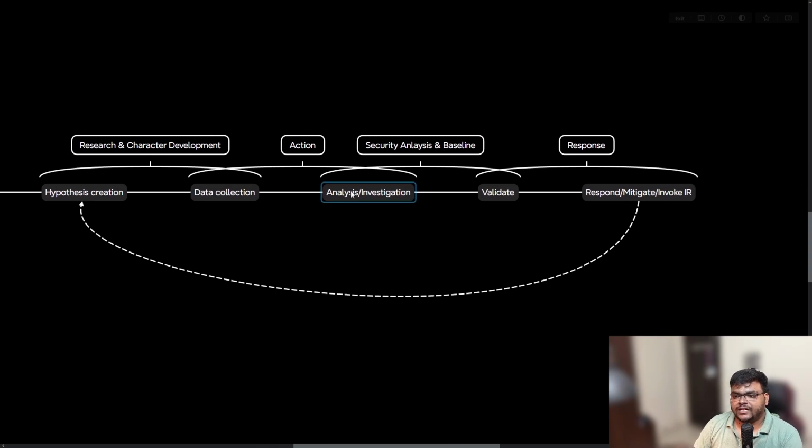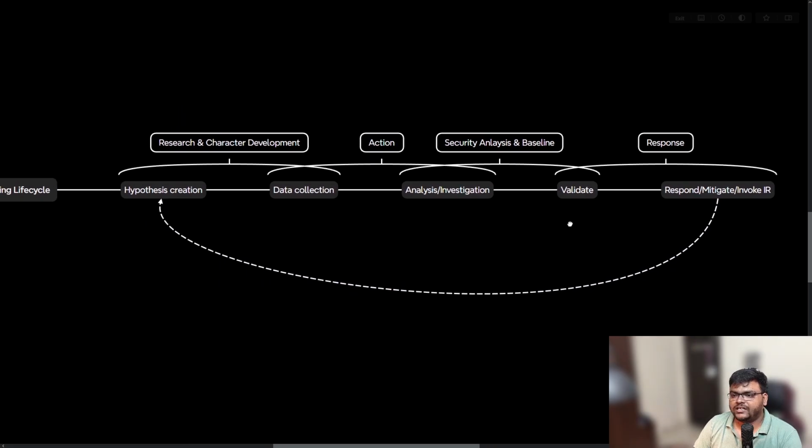Then comes the analysis and validation phase, right? This is your baselining, understanding what's happening and what's not happening, all of that happens here. And then validation and response forms the response part of it, right? If you have an outcome, you respond to it, and then you move back. So this is what your threat hunting life cycle actually looks like.